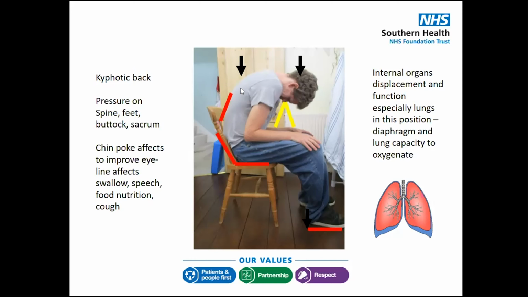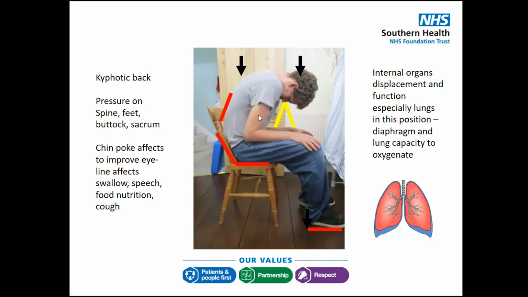And when that happens, you then get, obviously, structural changes in your throat, which may then affect your eating and drinking. But also, what I really want to highlight, there's a lot of interesting work going on around respiration. So you will see that leaning down here will then be taking away his diaphragm movement.